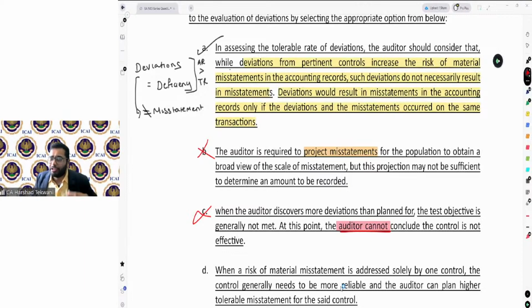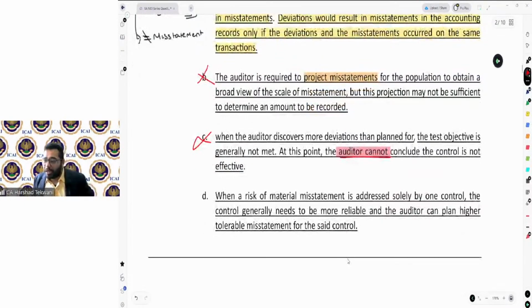The more the assurance needed, the more the evidence needed, the lower the tolerable rate of misstatement will be, not the higher. So if I'm relying solely on one control, my tolerable rate should be lower, not higher. Planning a higher rate of tolerable misstatement for the same control is not appropriate in that case. Clear? Any doubt?